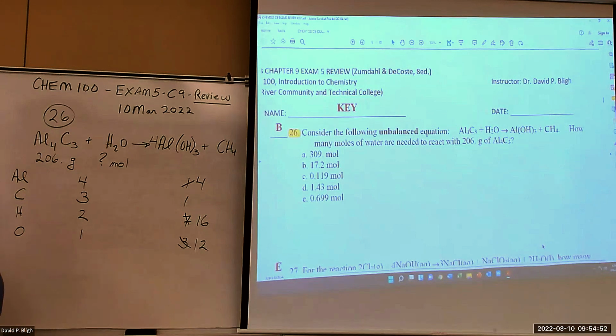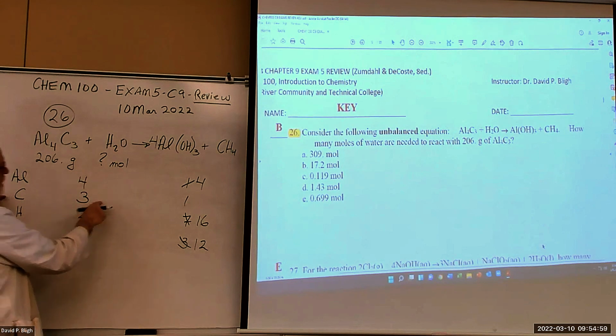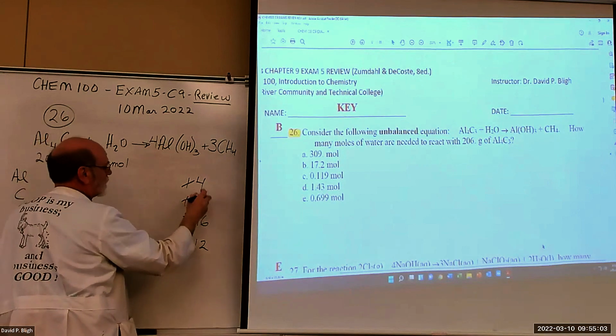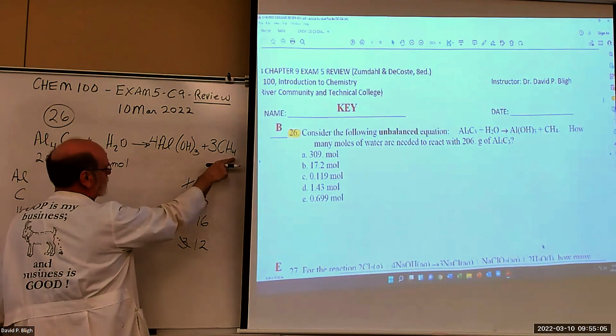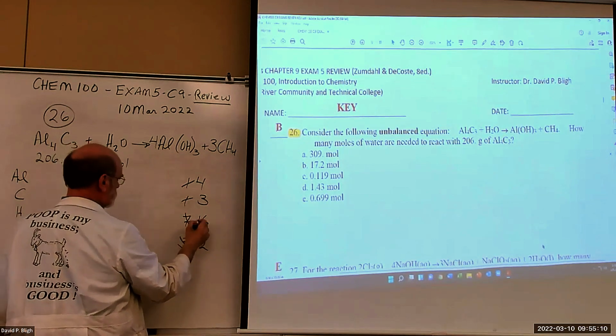Okay. Now, what about carbon? We've got 3 carbons on this side, so we do 3 carbons on that side. That changes the hydrogens again. So we have 12 plus 12 is 24 hydrogens.